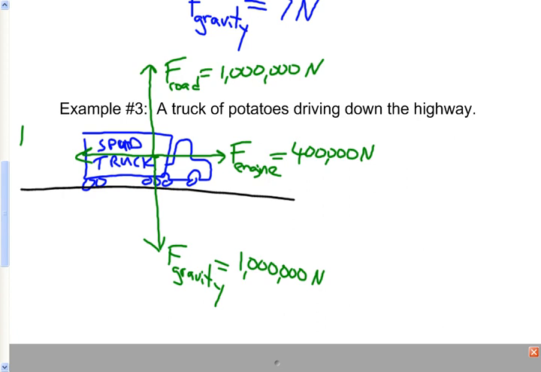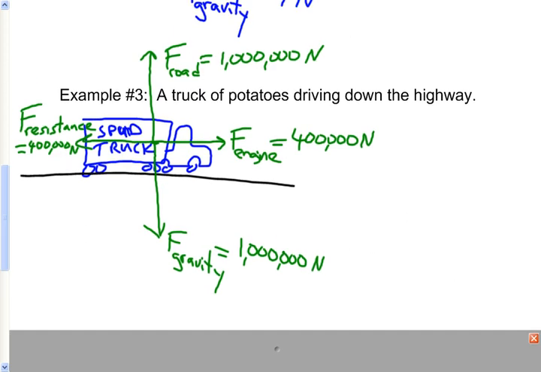So if we call it F resistance here, that could be a combination of air resistance and friction and all that stuff. And let's say that equals 400,000 newtons.